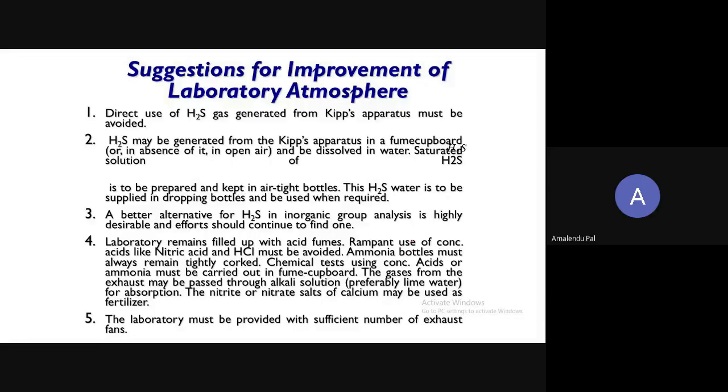In that case there is no alternative. I agree with you, there is no alternative in the inorganic estimation of basic and acid radicals. So what you can do is work in a fume cupboard, not in open air, so that is good, and let it be dissolved in water.